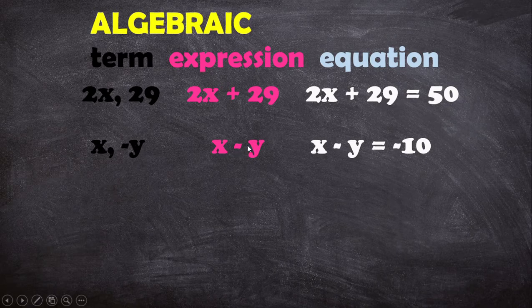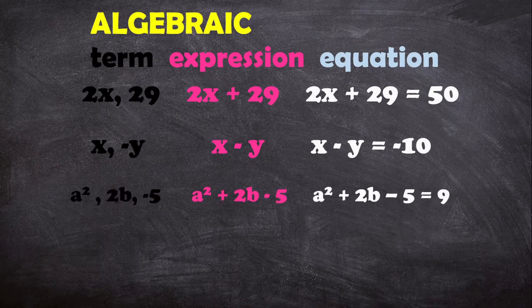Again, include the sign. So that is negative y. And for the equation, x minus y equals negative 10. Next is the expression a squared plus 2b minus 5. The terms are a squared, 2b, and negative 5. In the equation, we have a squared plus 2b minus 5 equals 9.